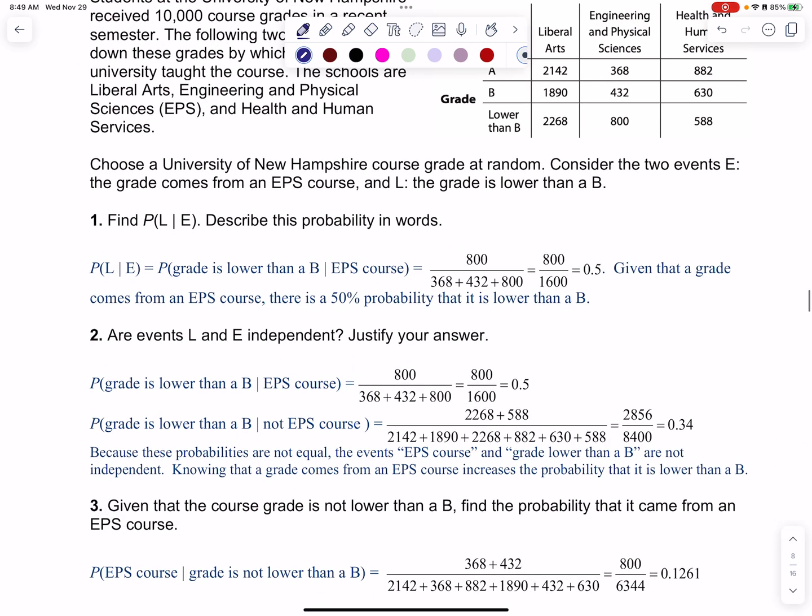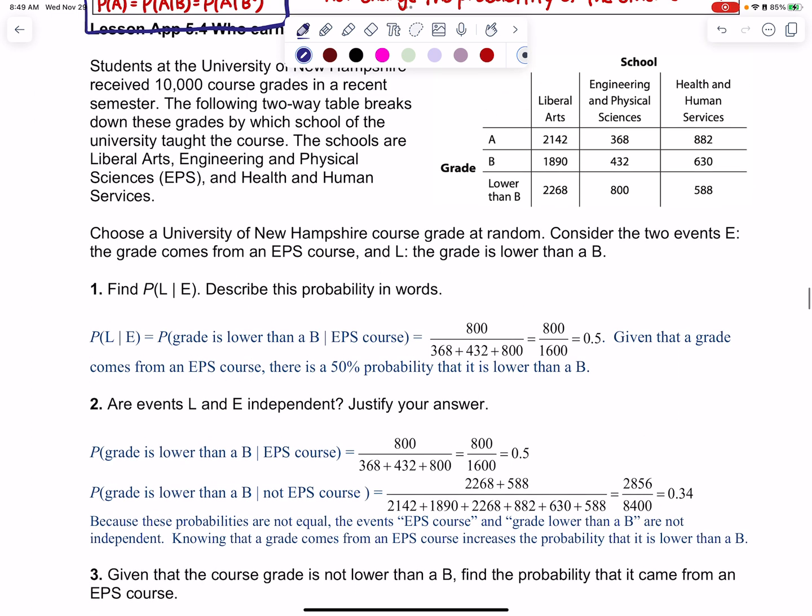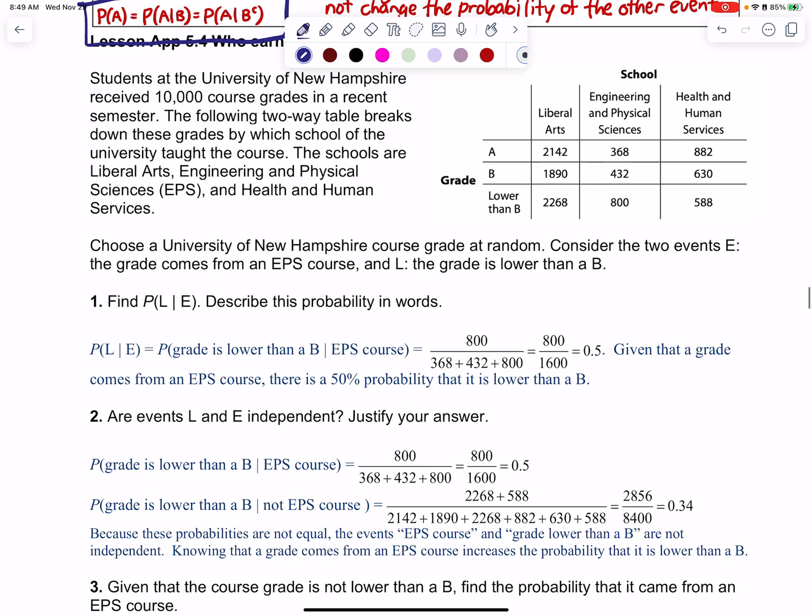Okay, so look here, and it says what's the probability of L given E? Remember, given E. So we're going to go ahead and try here. I'm saying the EPS course, so when I look here, I say, what's the probability my grade's lower than a B, given I have the EPS course?